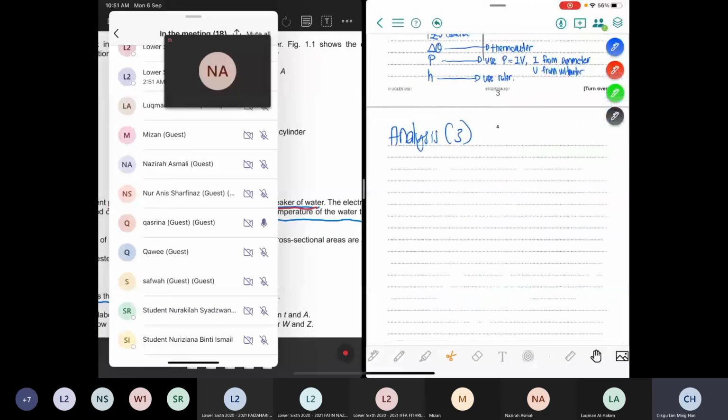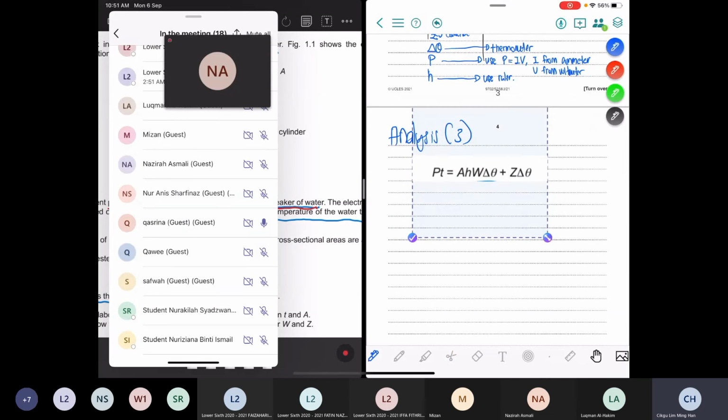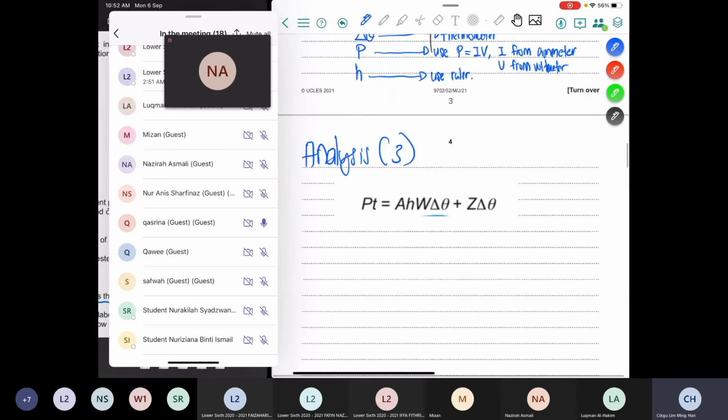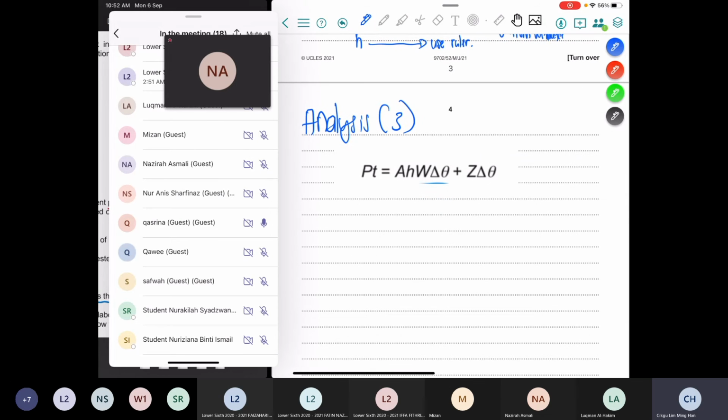Yes, sir. So Kasrina, can you have a look at this formula here? How do you analyze the expression? What do I need to do first? P T equal to A H W delta theta plus Z delta theta. Do you have any idea?